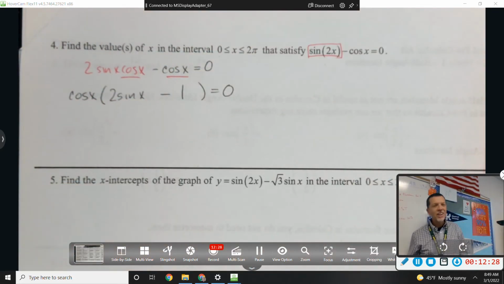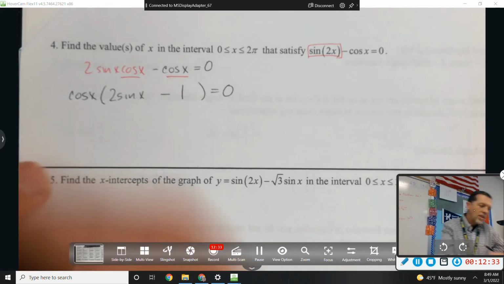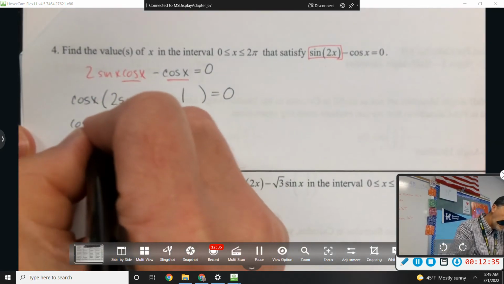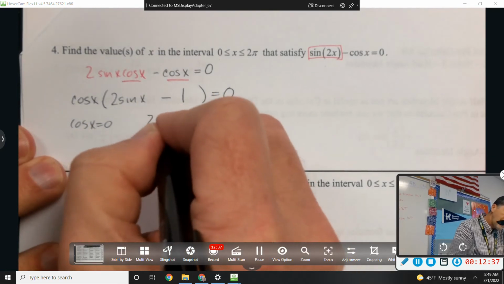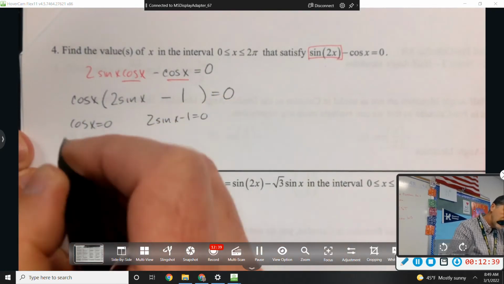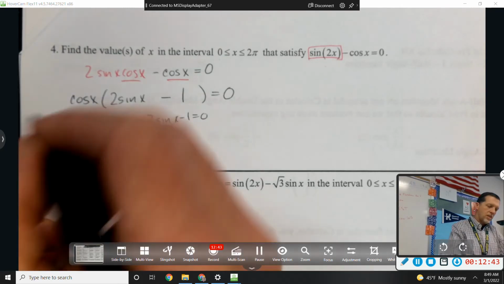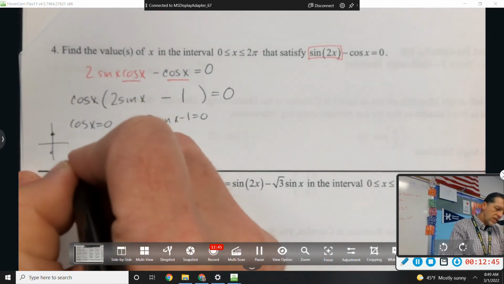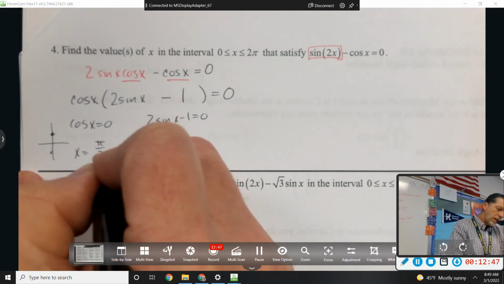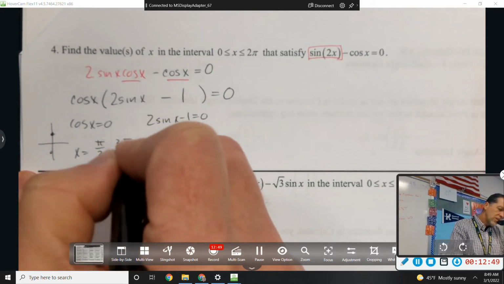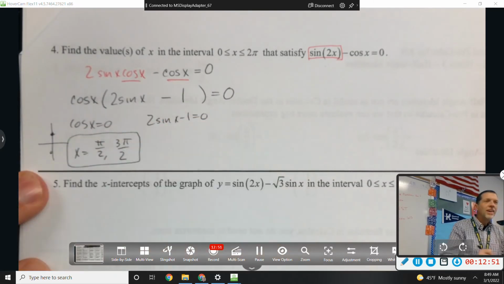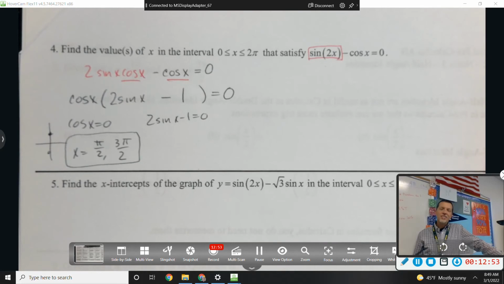And now this really has turned into a problem like what was on the last test. Set both pieces equal to 0. And let's see, cosine x equals 0: pi over 2 and 3 pi over 2. Hey, it's never too late to learn the unit circle, because if you haven't learned it yet, you still need it.